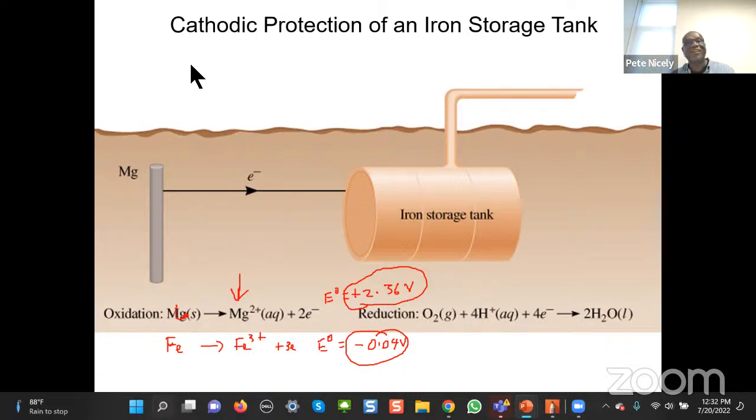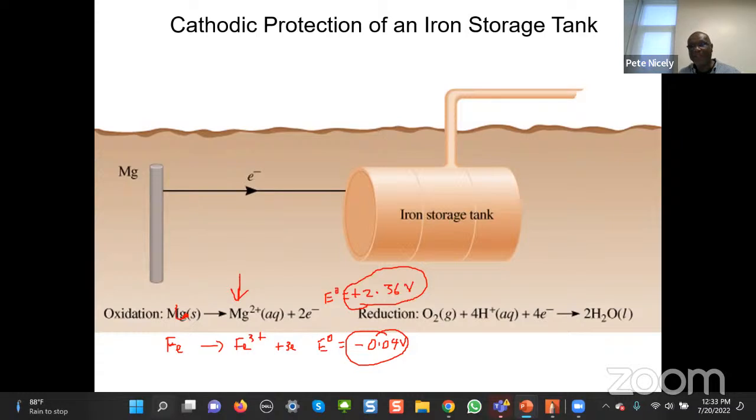We call this the cathodic protection of the iron storage tank, because we're using the magnesium as a sacrificial metal to undergo oxidation so that the iron storage tank will not undergo rusting. So that's just one simple application of what we have been learning so far in this chapter.